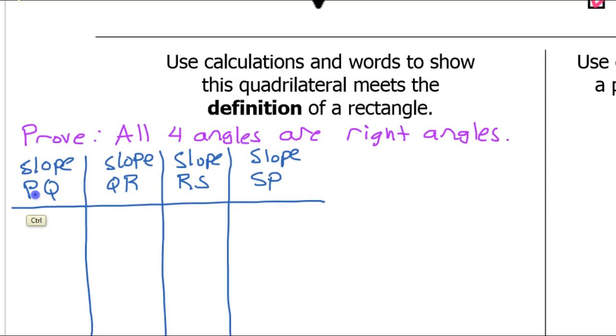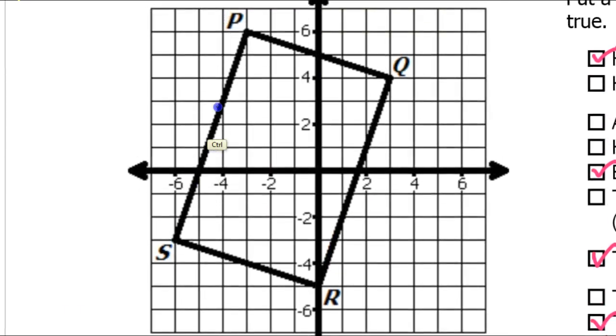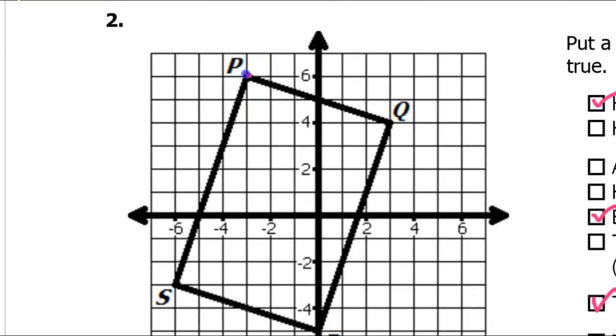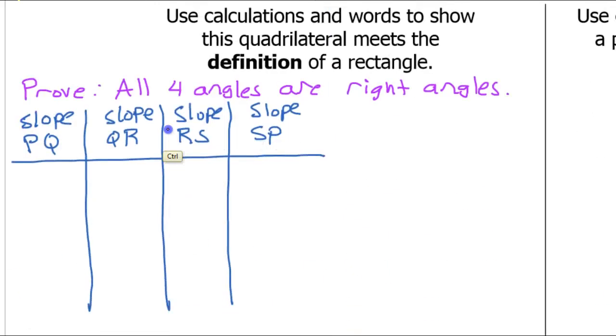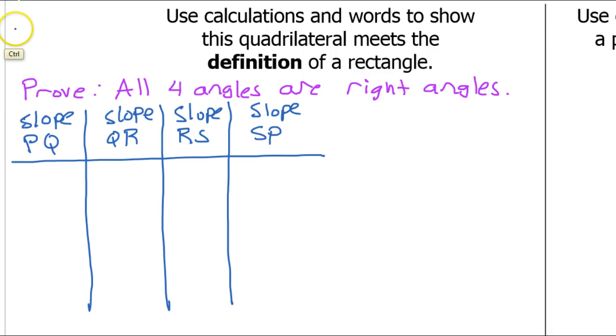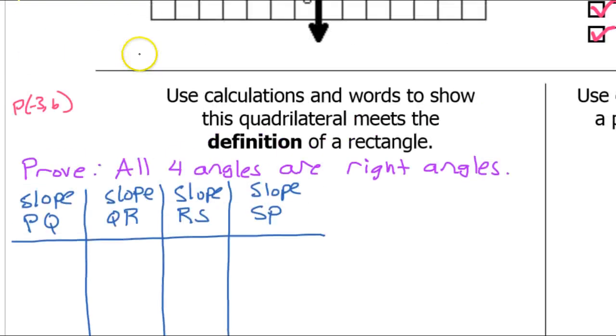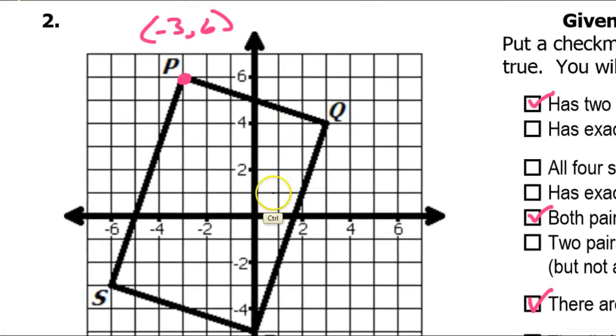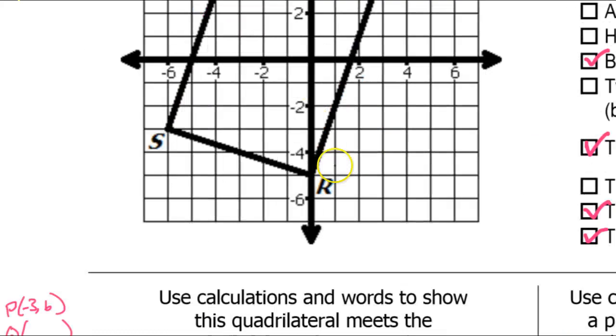So, starting with PQ. What are the coordinates of P and Q? Let's just use these coordinates again. P has coordinates of -3, 6. Maybe I should write this down. So point P is -3, 6, and point Q is 3, 4.